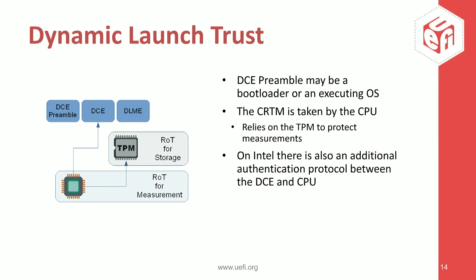It only relies on the TPM to protect measurements. On the Intel platform, we have an additional authentication protocol between the DCE and the CPU. It is just based on signatures. The CPU checks the DCE signature before executing it.